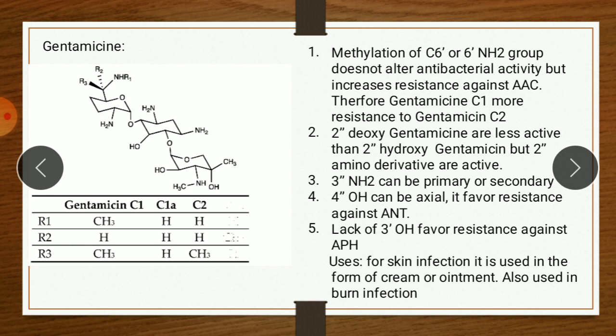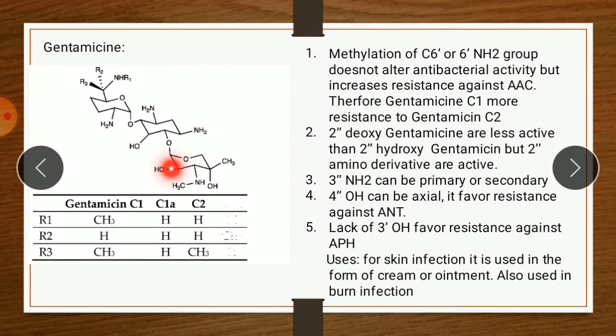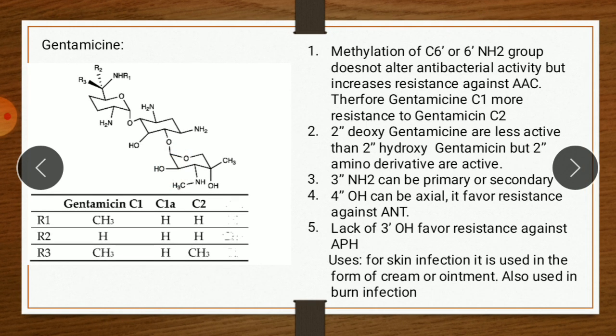Second point, 2 double dash deoxy gentamicins are less active than 2 double dash hydroxy gentamicins, but 2 double dash amino derivatives are inactive. So point number 2 is 2 double dash deoxy. Here this hydroxyl group is called 2 double dash.